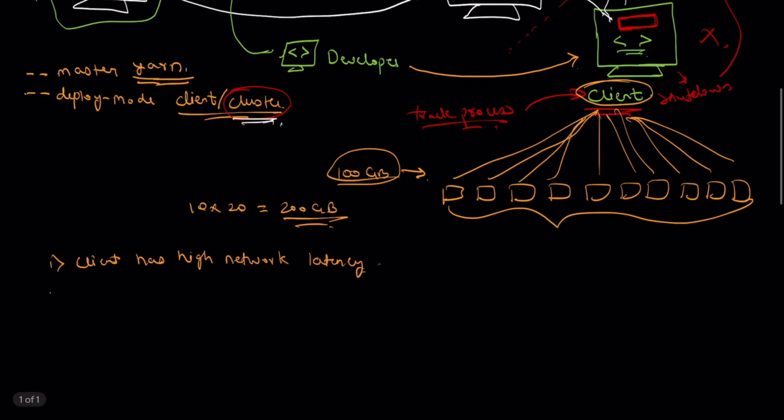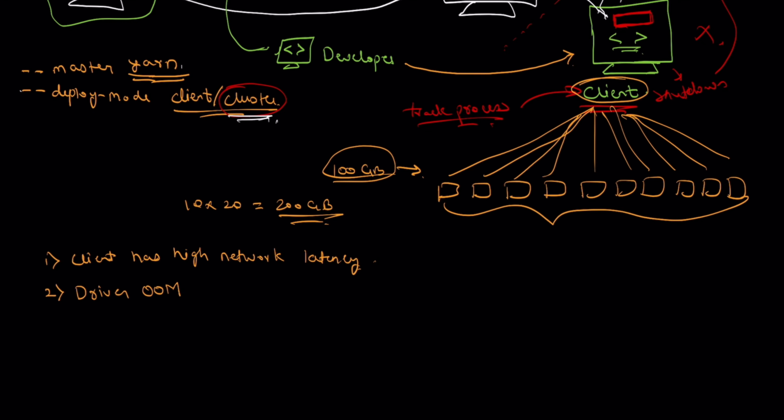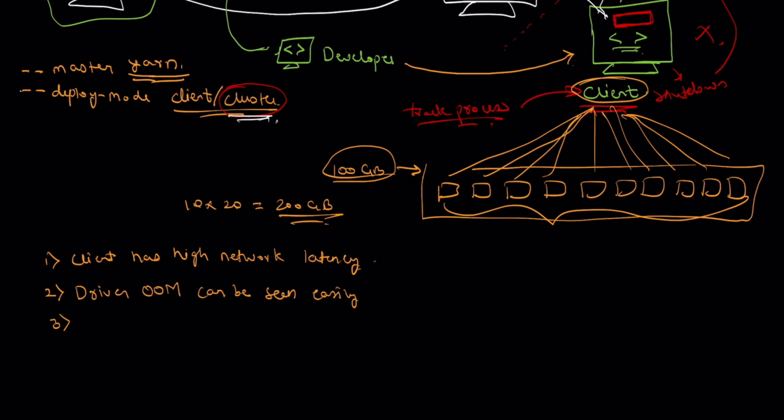Second point is driver out of memory can be seen easily. In our example, we saw that if there are 10 developers requesting 20 GB from the client, and there is 100 GB of space in our client, we would be getting a driver out of memory exception.